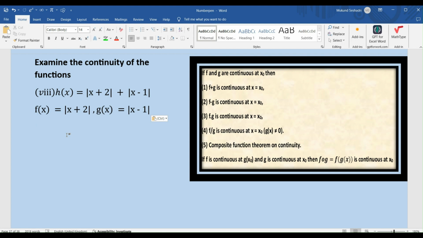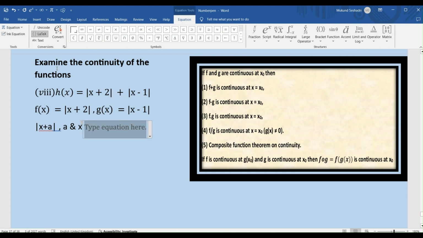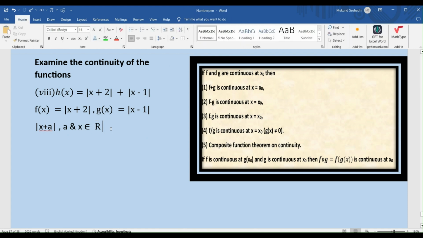Like if I'm going to call my function as mod of x plus a, and that a and x belong to R, right? So how do we rewrite this function?